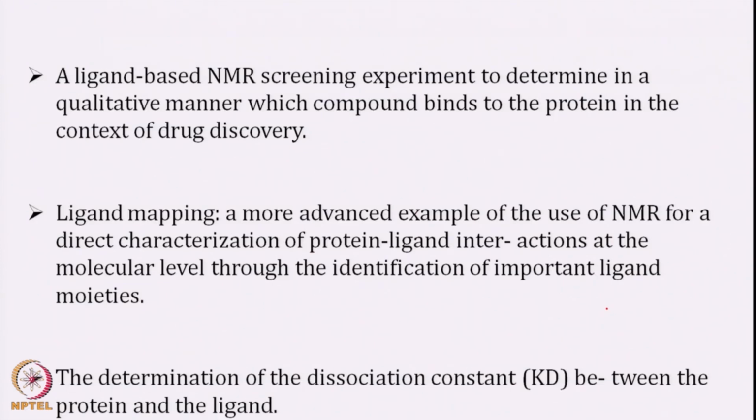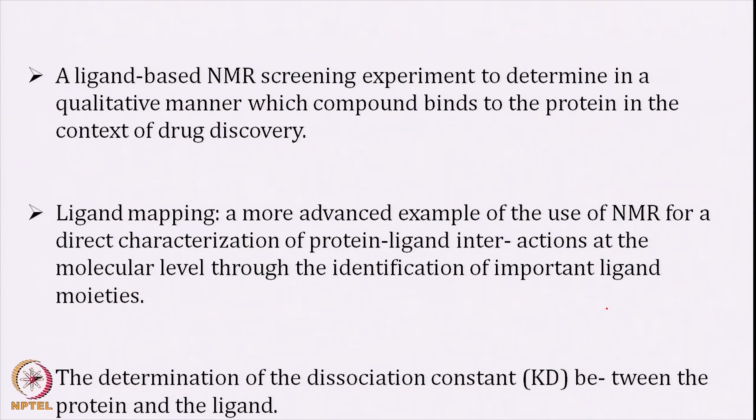So to summarize, this is a ligand-based NMR screening experiment to determine in a qualitative manner which compounds bind to a protein in the context of drug discovery. It is quite rapid and you can use it as a high-throughput technique for finding binders to a protein.